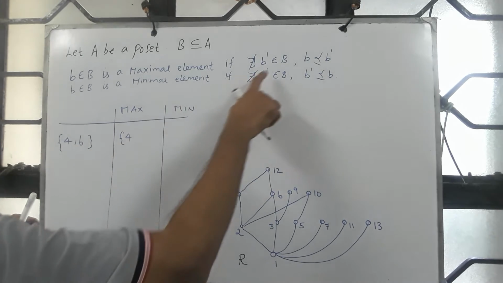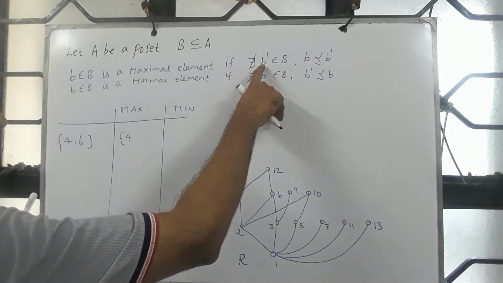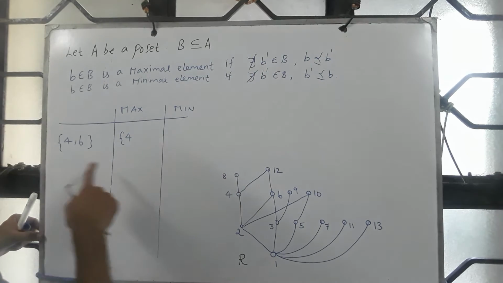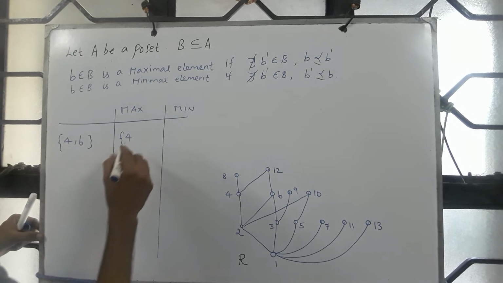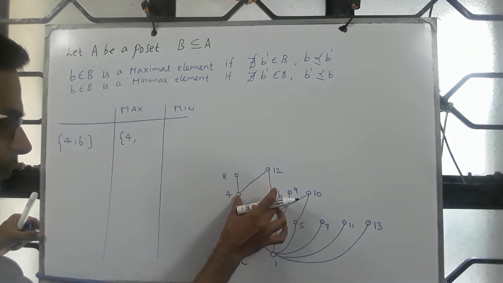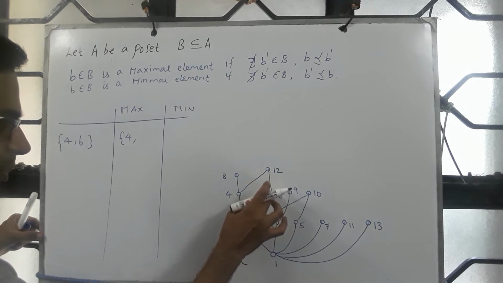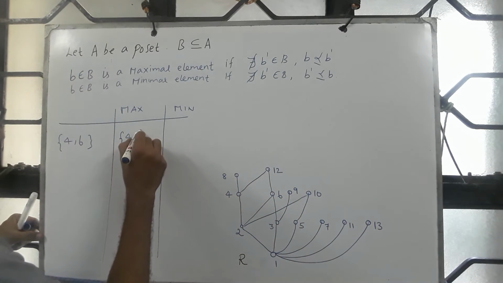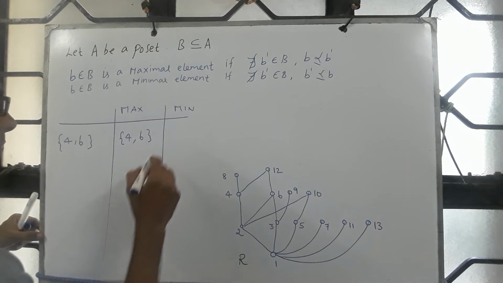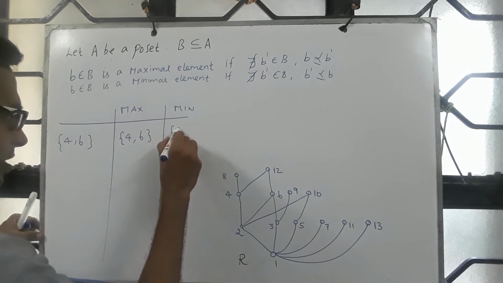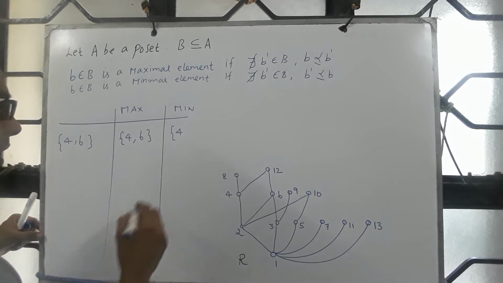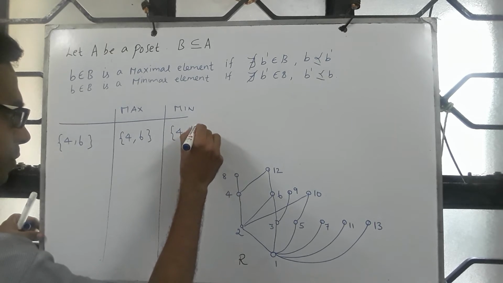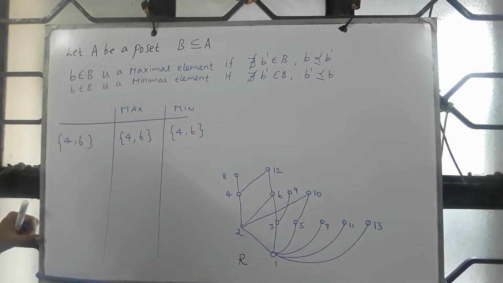With respect to B, there does not exist a B prime which is above this. Similarly, with respect to {4, 6}, there does not exist an element above 6. With respect to this subset, you have to see. What about minimal? There does not exist an element below this, so both are minimal.